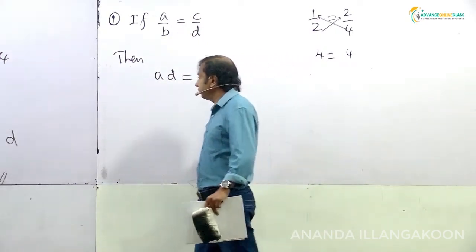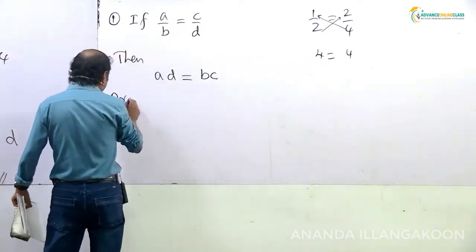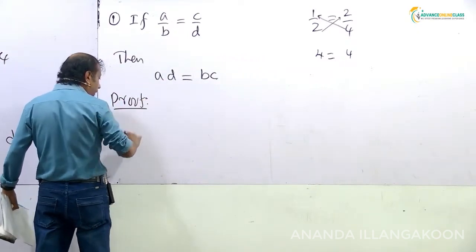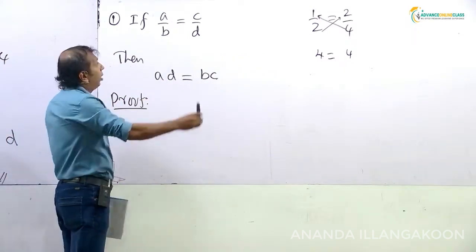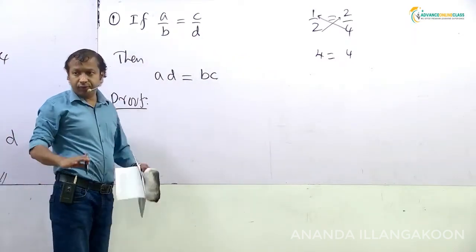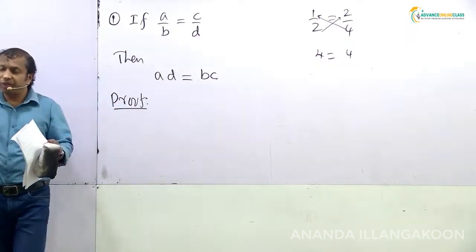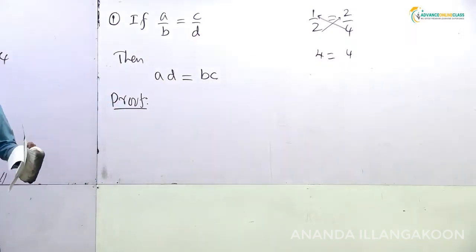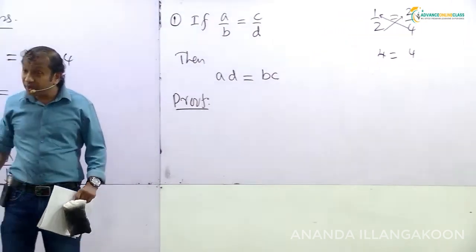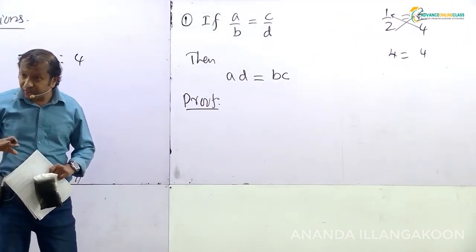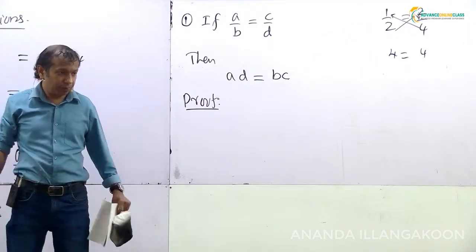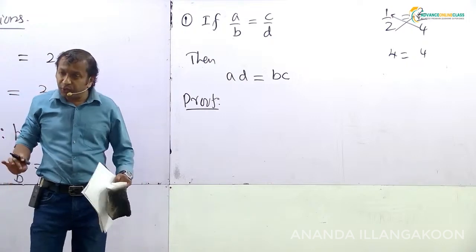We can prove it like this, very simply. You know, left and right of an equal sign, that means in an equation, left hand side and right hand side, you can multiply by any value. Both sides we multiply by the same value. That value can be any value you like.